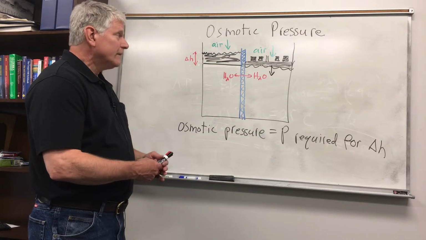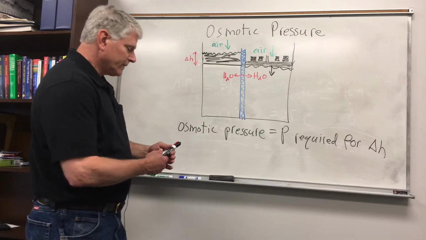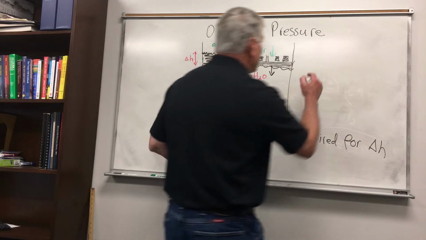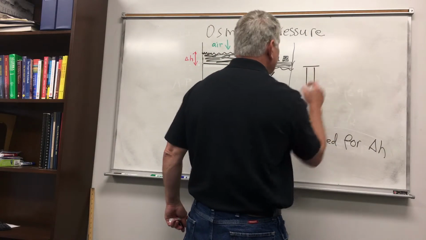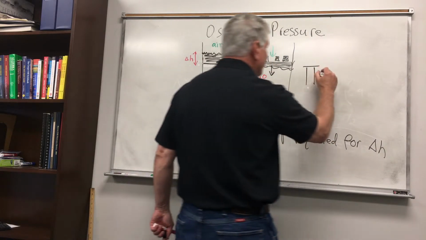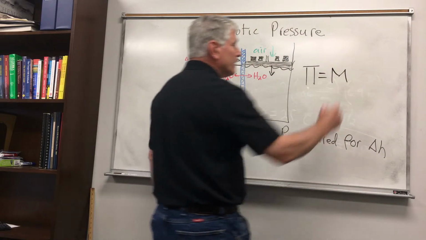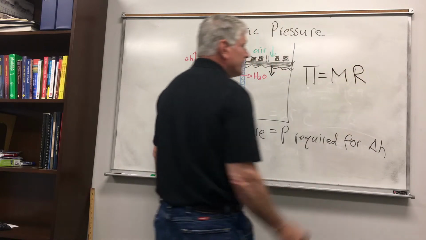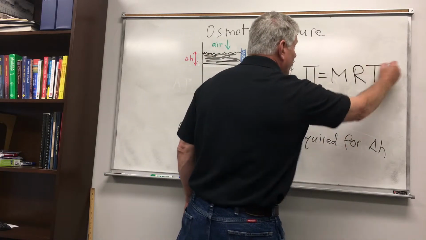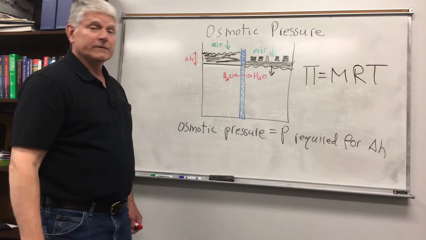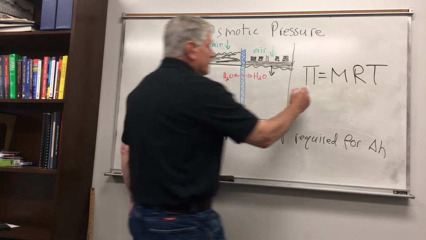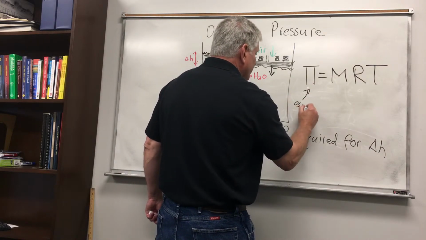Now, the equation for the osmotic pressure is fairly simple. It's pi, we call this the osmotic pressure, is equal to the molarity of the solution times the ideal gas constant times the temperature of the solution. So this is the osmotic pressure.